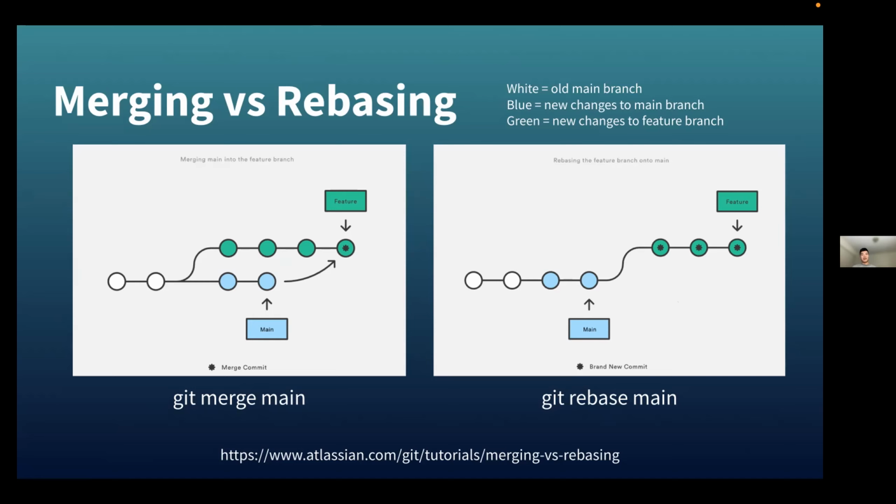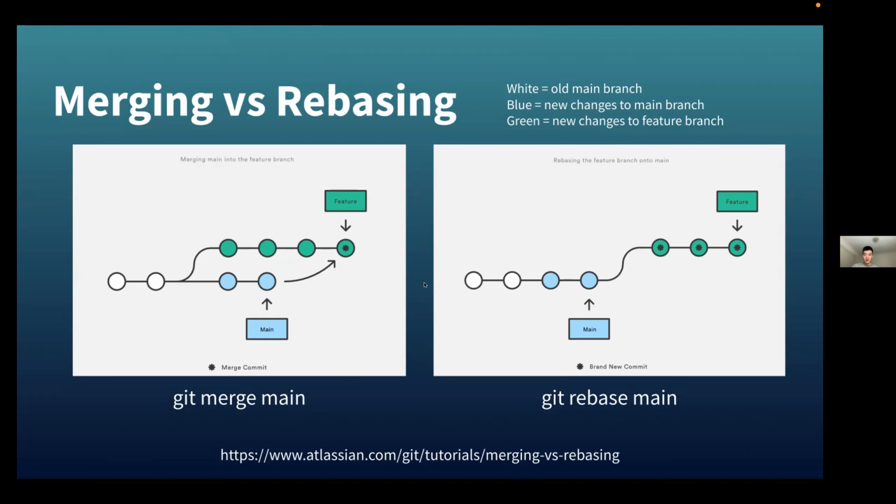And then it takes the old main branch, so the white circles over here, then it adds the new changes to the main branch, which are the blue circles. And then lastly, it adds your changes on the feature branch. Specifically, it adds each commit on the feature branch one at a time. And that's how git rebase works.